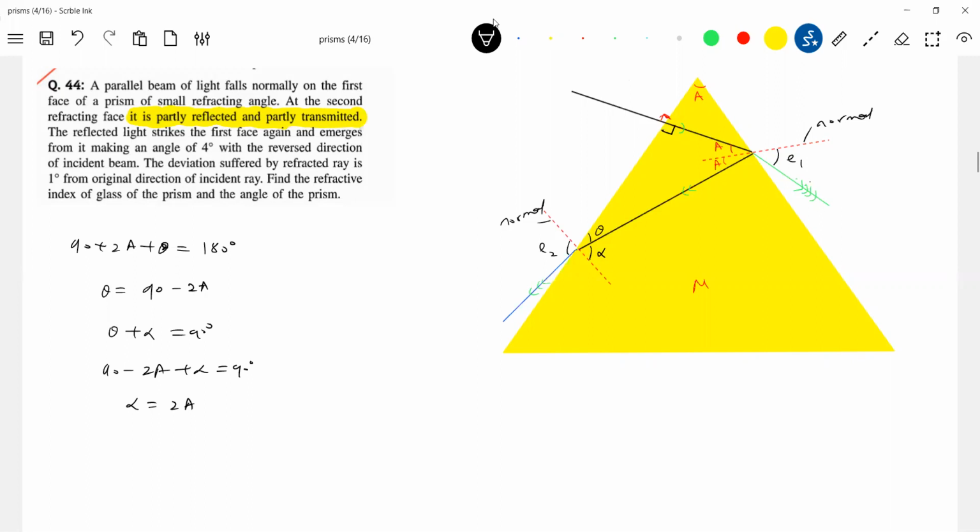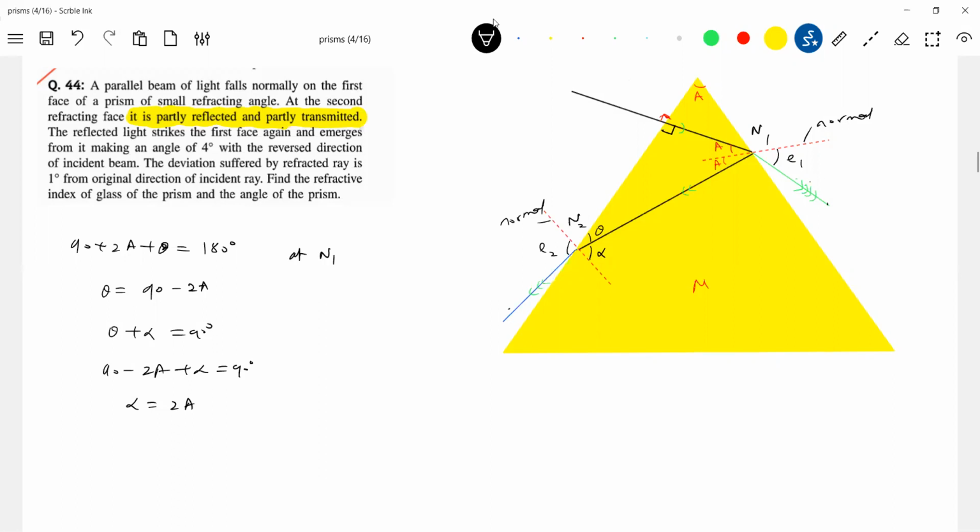Now what is the deviation? It's telling us that the deviation suffered by the refracted ray is, there's a refracted ray and there's a reflected ray. So for the refracted ray, what is the deviation? Deviation at n1, this is n2.